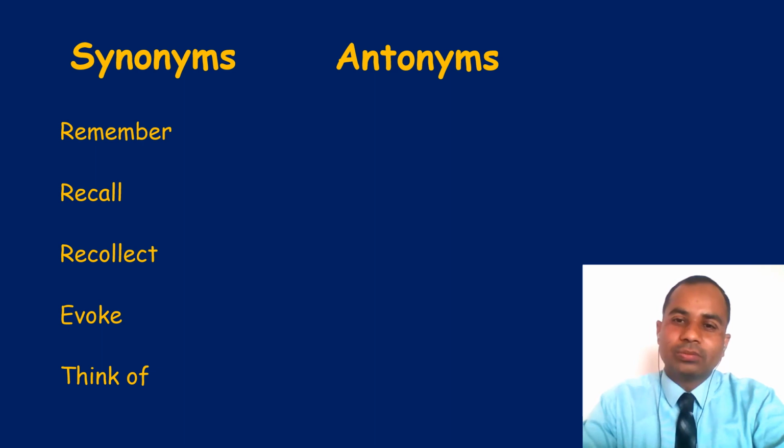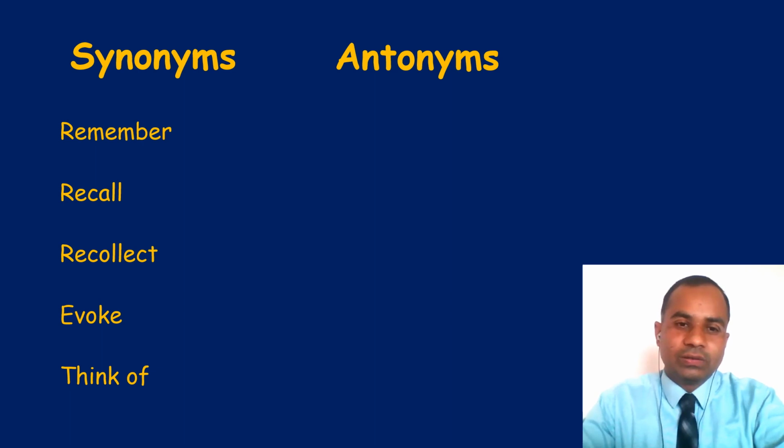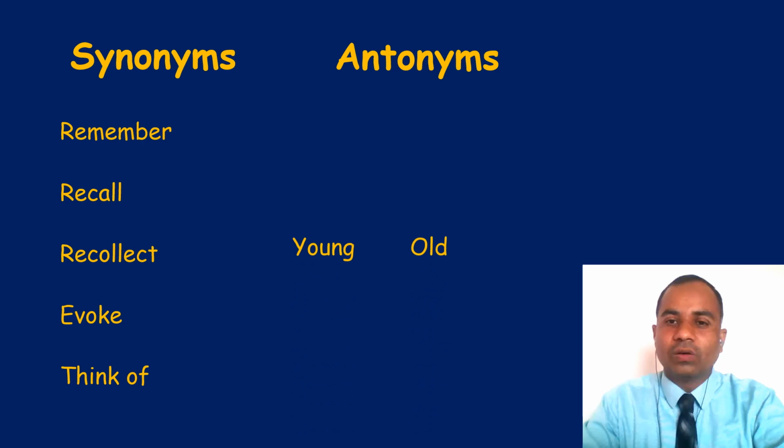Now see some of the antonyms. And yes, before antonyms, I have already used these words in sentences, so you also have to think of all these words in different contexts. Now see the antonyms.